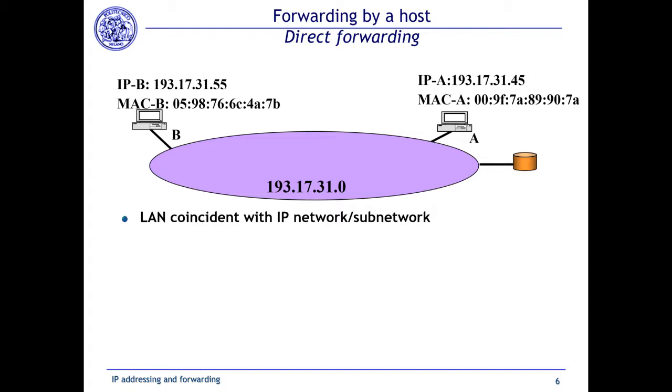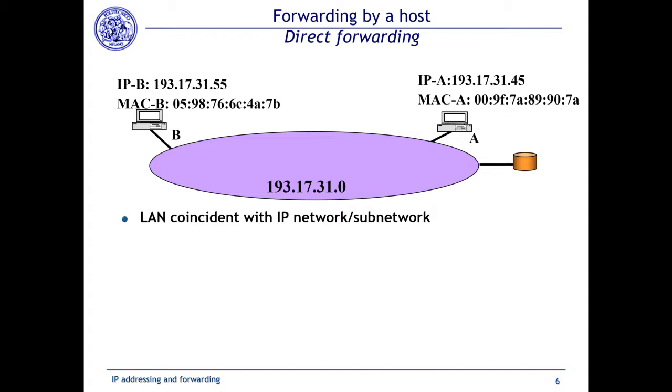Okay, so it's important to take note of it, because this is the basis not only of the part that will follow about IP address lookup, but also of the project you will do in SDN. So what happens when you are doing direct forwarding?